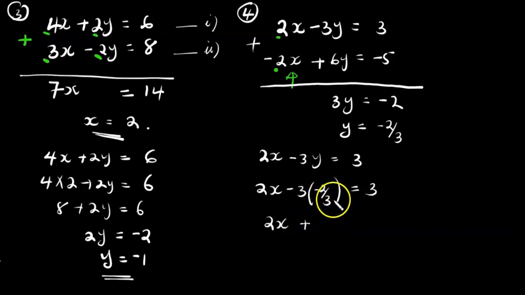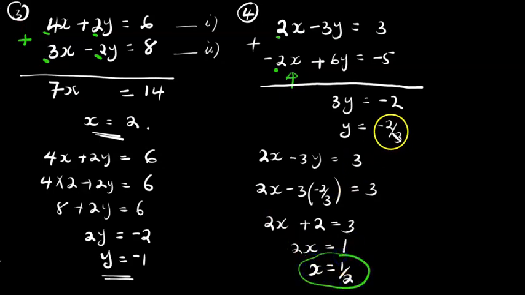When you multiply the 3 by 2 over 3, your answer is going to be plus 2, so 2x plus 2 equals 3. So 2x equals 1. Then we have our conclusion that x equals 0.5 when you divide on both sides. So your answer here is x equals 0.5 and y equals negative 2 over 3.